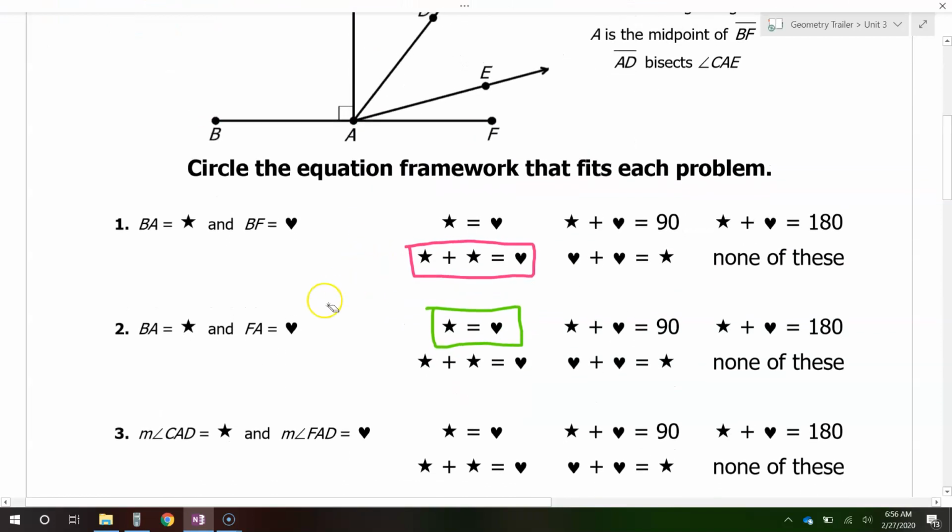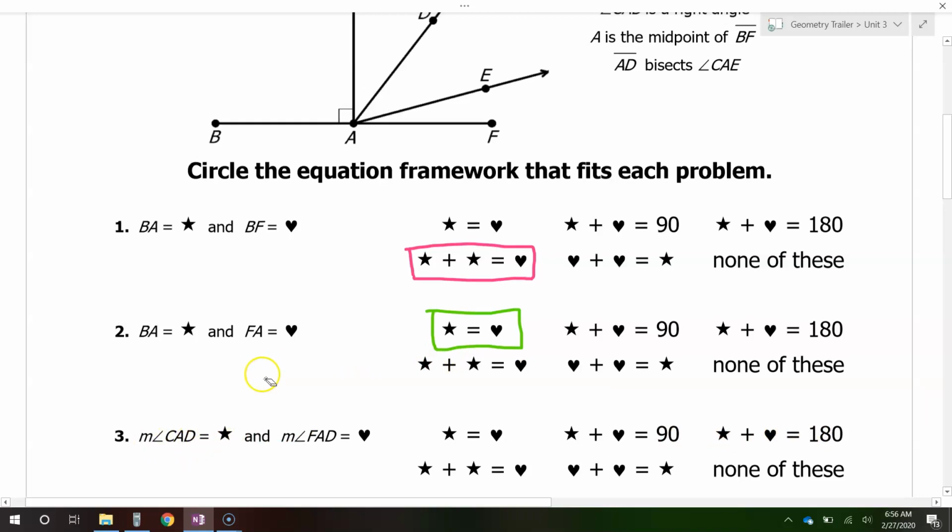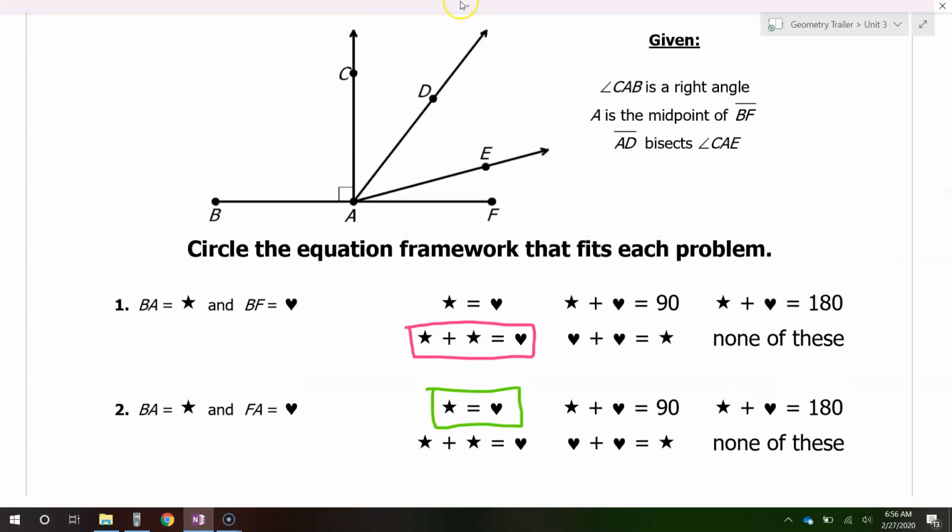Look at number 3. Now we're getting into angles, so some of these degrees might be happening. We'll see. Angle CAD is the star. So angle CAD, that's right here.